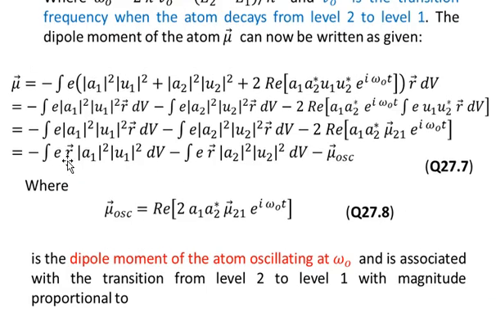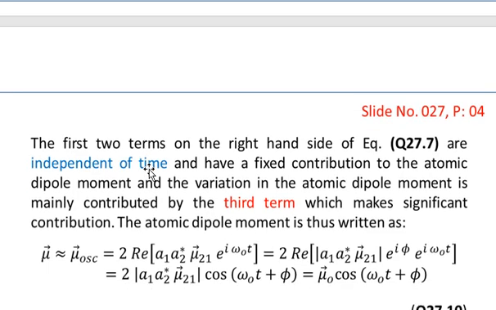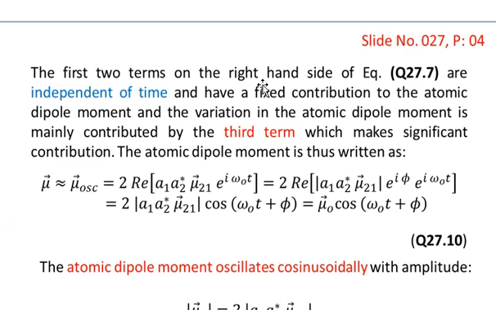These two terms, the first two terms in this dipole moment, you see that these are the constant terms, and it means that the first two terms in equation number 7 are independent of time. The first two terms on the right hand side of equation number 7 are independent of time and have a fixed contribution to the atomic dipole moment, and the variation in the atomic dipole moment is mainly contributed by the third term, which makes a significant contribution.